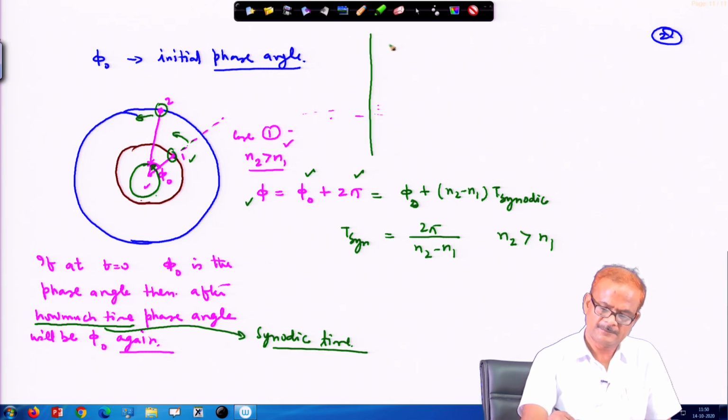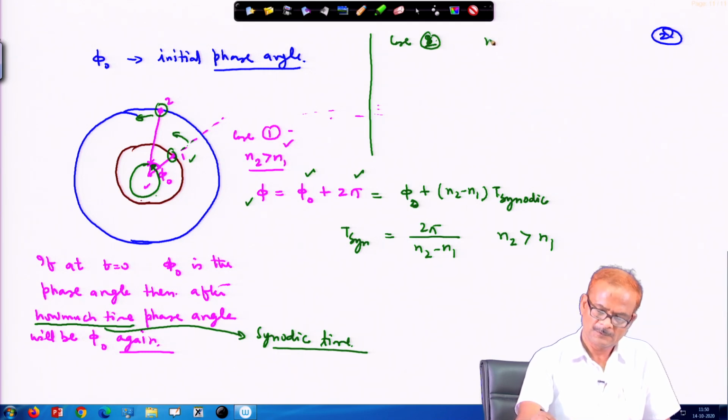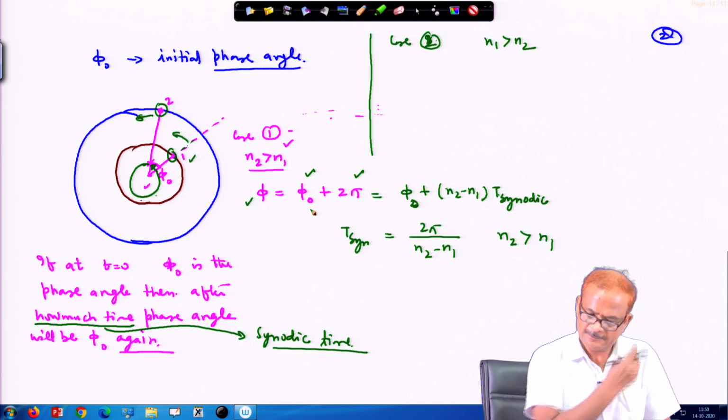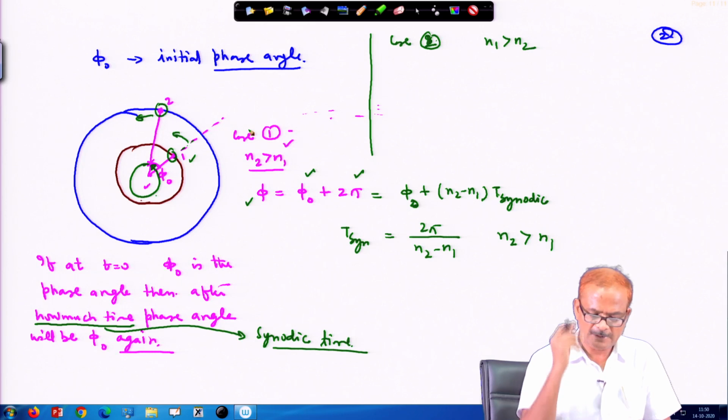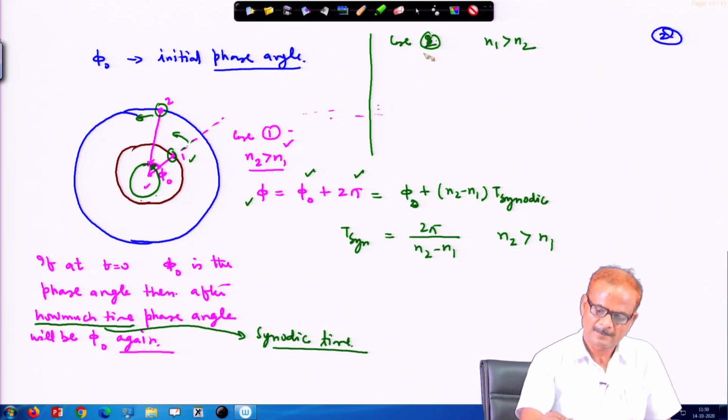Case B, or case 2: n 1 is greater than n 2. So, if n 1 is greater than n 2, then 2 will appear to move in the backward direction. Okay.